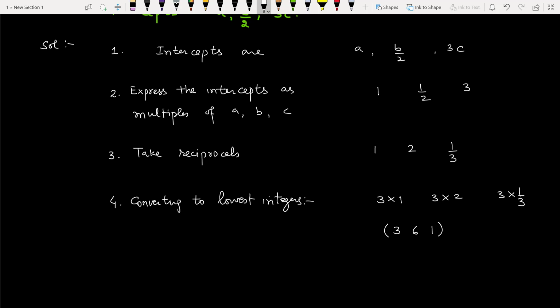So this will be the plane which will be having intercepts A, B by 2, 3C in terms of Miller indices.